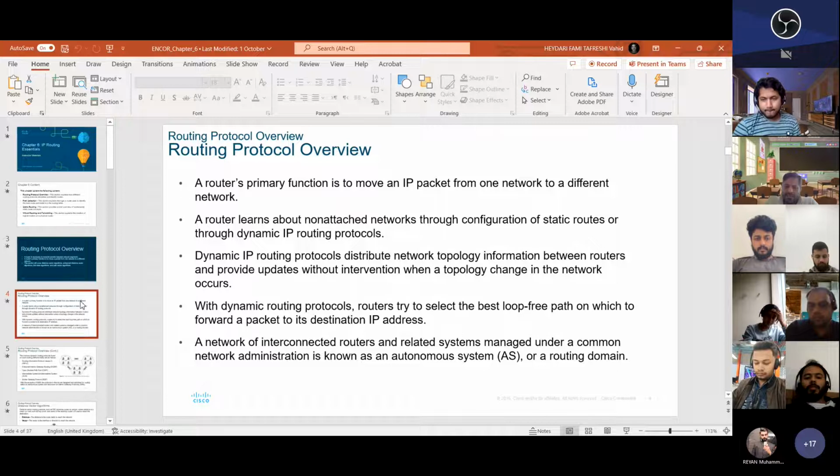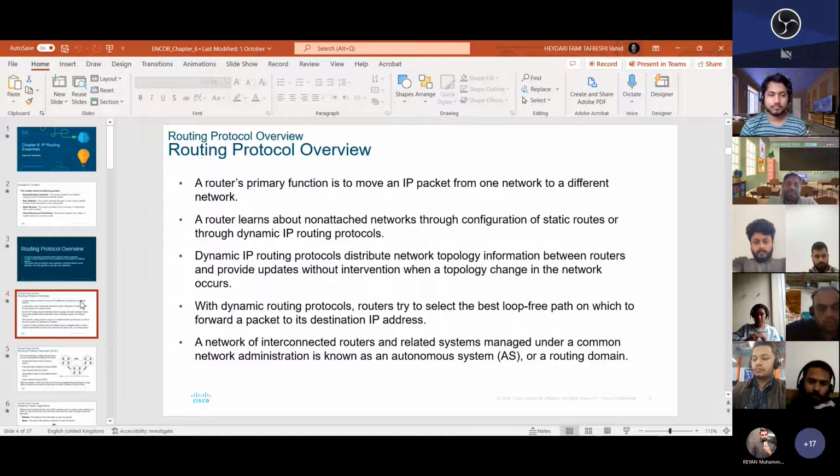So we know that the primary function of a router is to move the IP packet between segments, and routing protocols are there in order to learn different segment addresses and advertise those to each other. When we say routers learn different segments' IP addresses, we definitely mean non-attached links, because as soon as you go to the interface, assign an IP address and subnet mask, and issue no shutdown, the router comes to know what is directly connected.